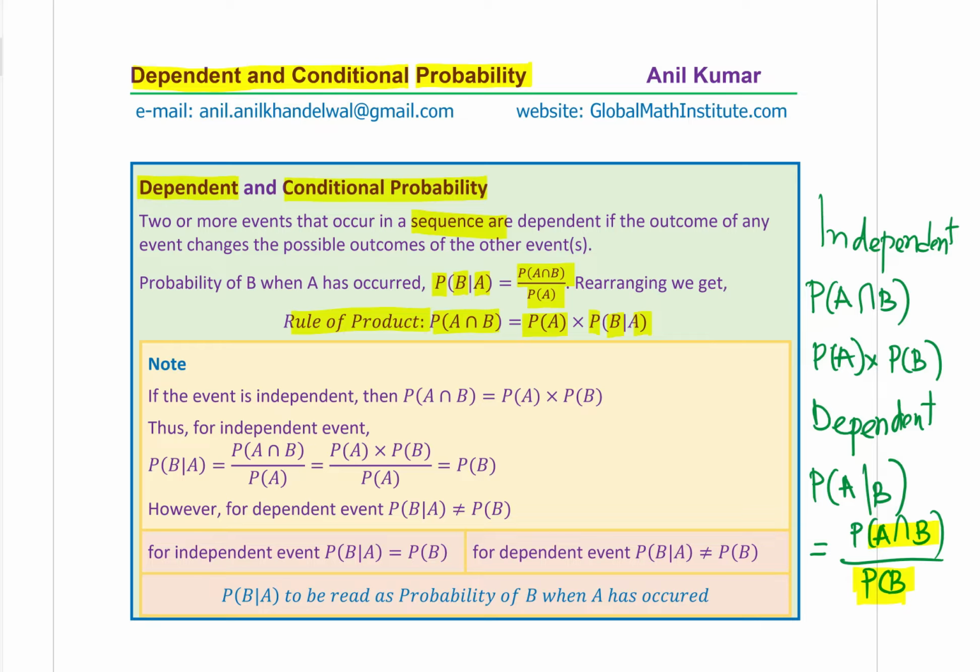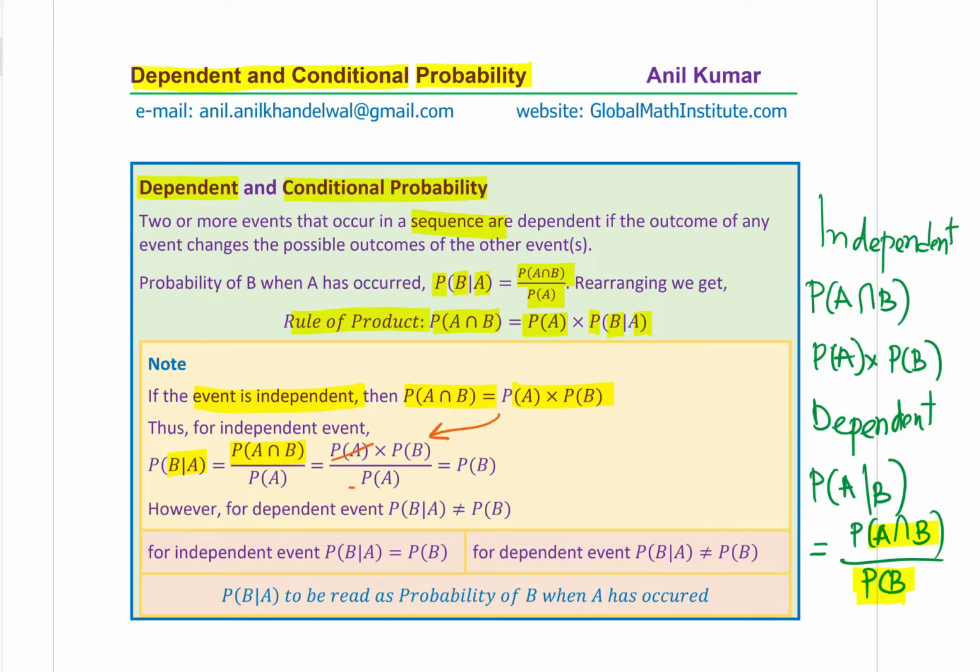Now, before we get on to the real examples, let us understand the relation between dependent and independent events. As you know, if the events are independent, the probability of A and B is the product of probability of A and probability of B, correct? When it is dependent, we have a different formula, but in the numerator you do have the expression probability of A and B. You can replace this with the product of A and B when it is a case of independent events.